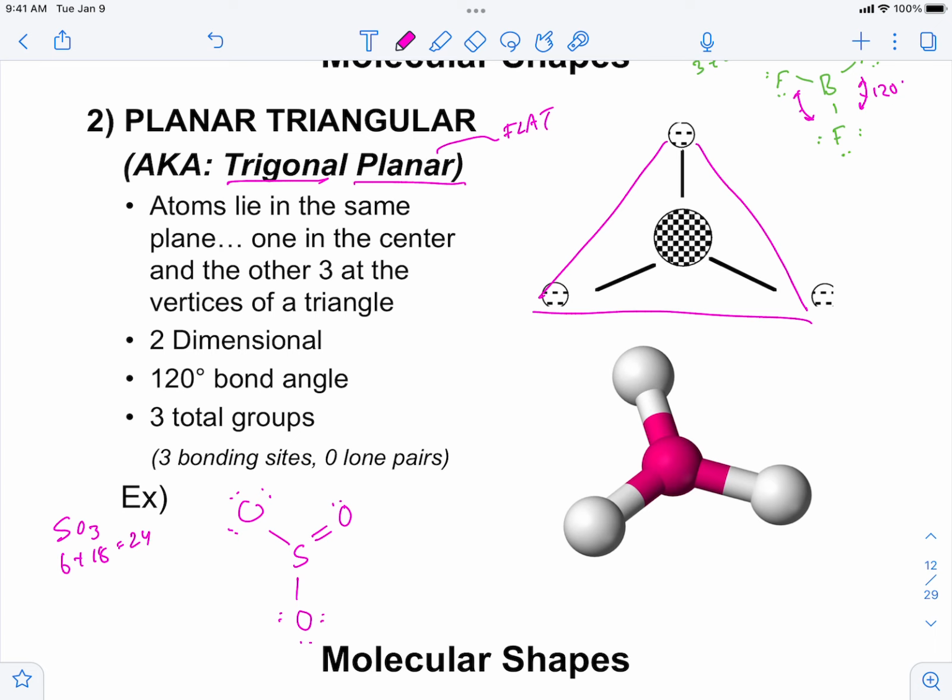So we'll draw one Lewis structure for the double bond in that direction, one in this direction, and then one more in this direction. But the point is, there are 3 bonding groups, and so the angles are all going to be the same, and the shape is going to be trigonal planar.